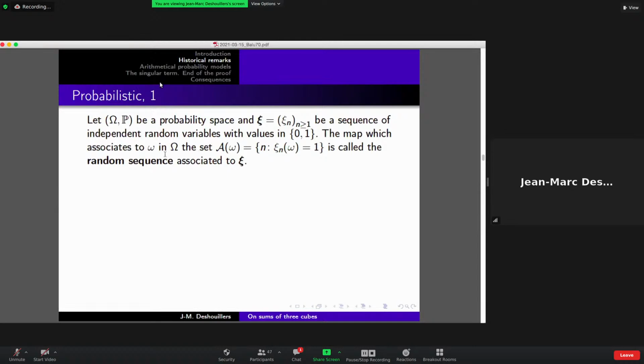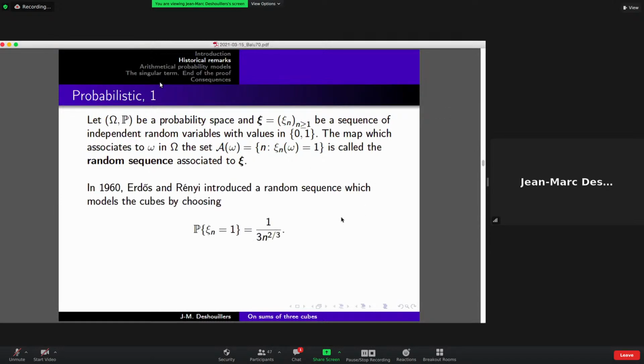That is to say that to any little omega in your set, you have a family of values of psi n, and you consider the set A of little omega, which is the set of n for which psi n of omega is equal to 1. And so this is the random sequence. We are not going to keep all the time the reference to little omega. We say A, which has for indicator function this psi, is the random sequence associated to psi.